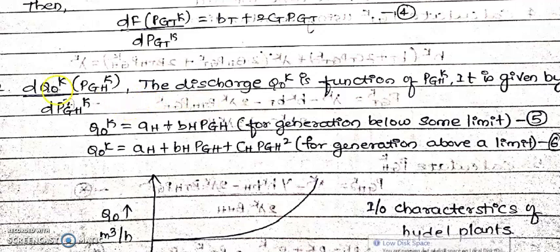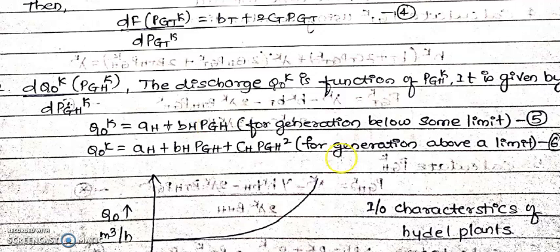It can be given as q naught raised to k is equal to ah plus bh of pgh. This equation holds good if the generation is below some limit. If you fix one limit and the generation is below the limit, then we call it ah plus bh of pgh.